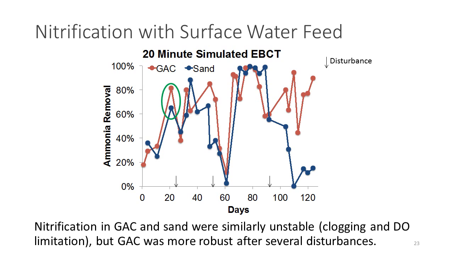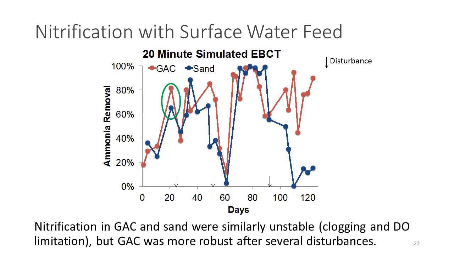This one again is where there was a really high amount of AOC, and we had those same disturbances to these biofilters as what we had to the groundwater biofilters. What was interesting is that these two biofilters reacted the same to the disturbances, except that eventually the GAC biofilters seem to fare better. So again, it probably is a better attachment surface. They can thrive better.